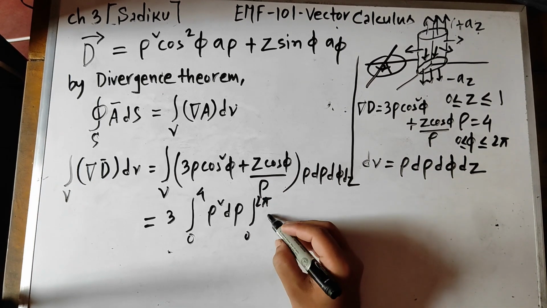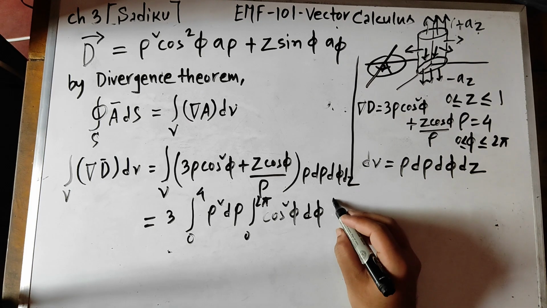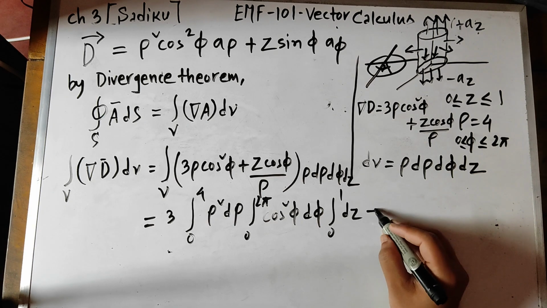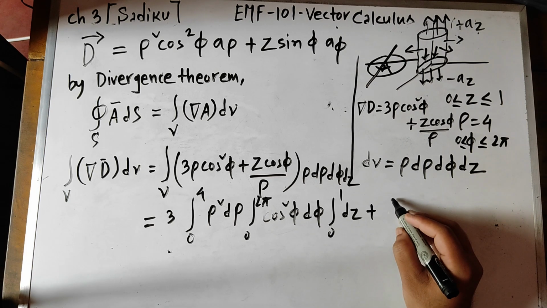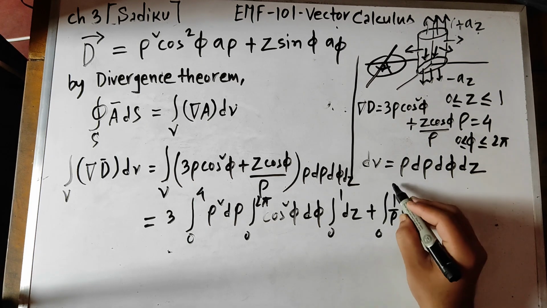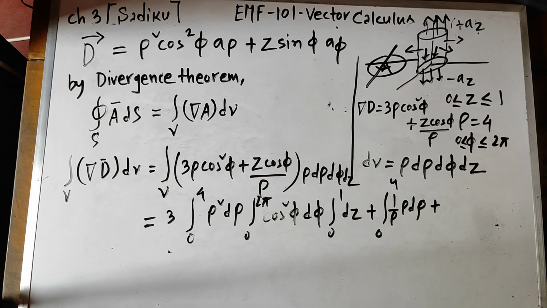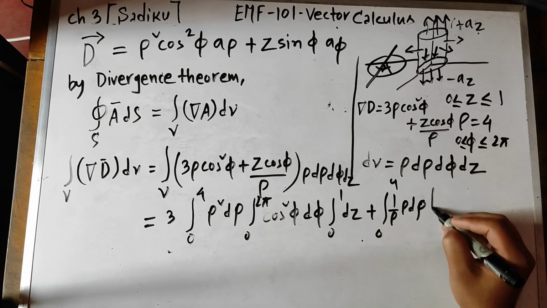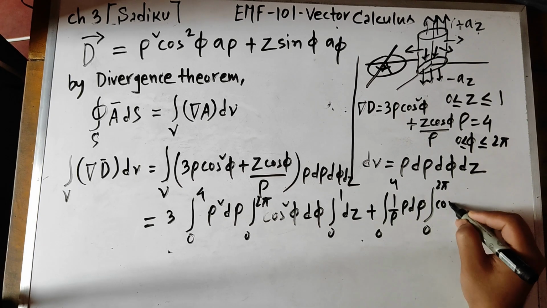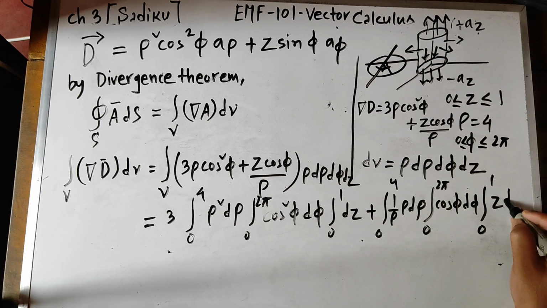Plus the integral of 1 by rho d rho from 0 to 4, cross the integral of cos phi d phi from 0 to 2 pi, cross the integral of z dz from 0 to 1.